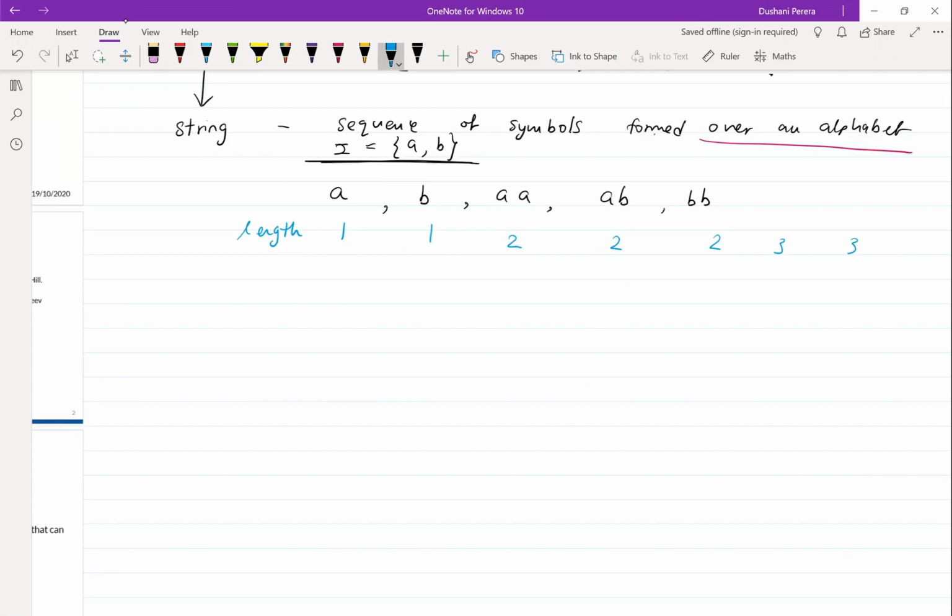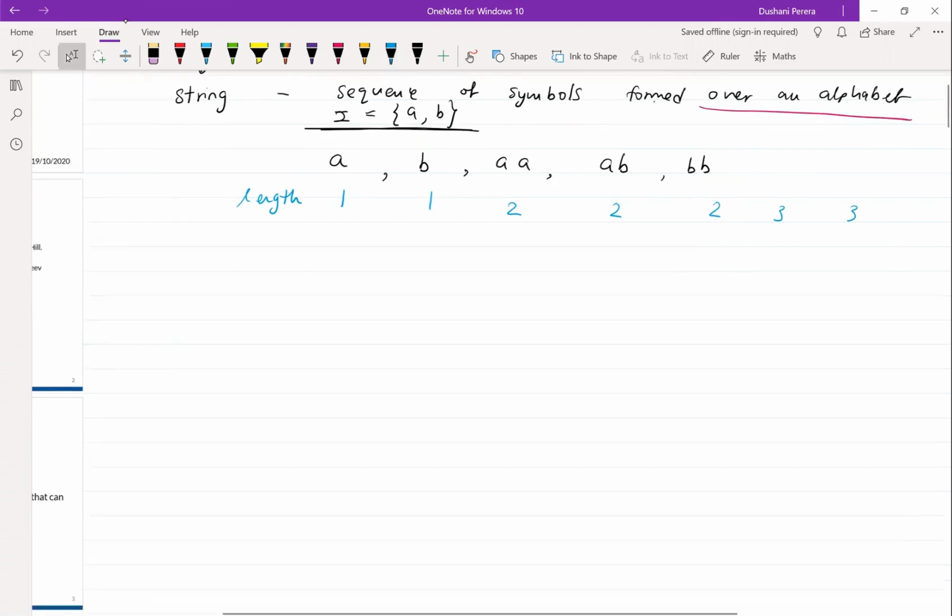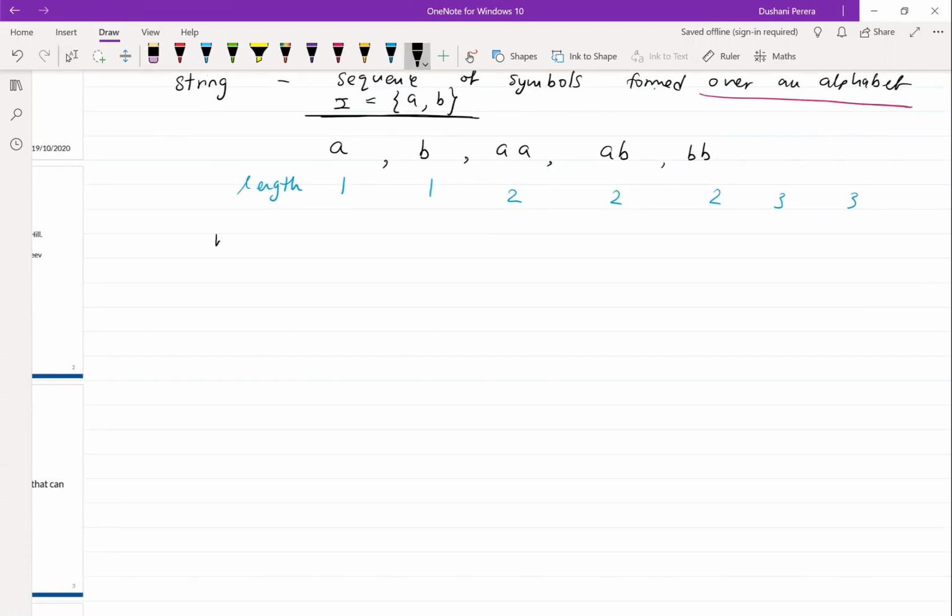Okay, so now we get a question. How many strings of a particular length can we form over an alphabet? For example, how many strings of length 1 can we form over sigma?